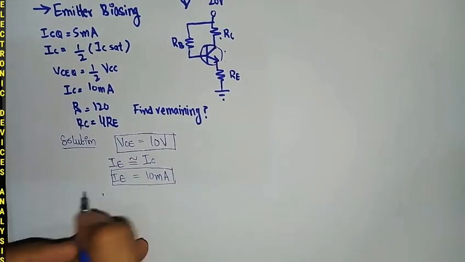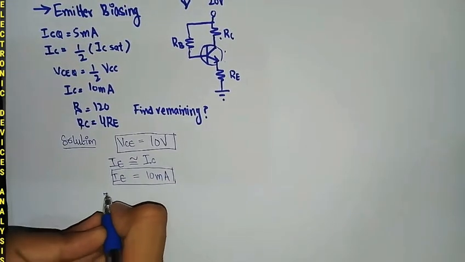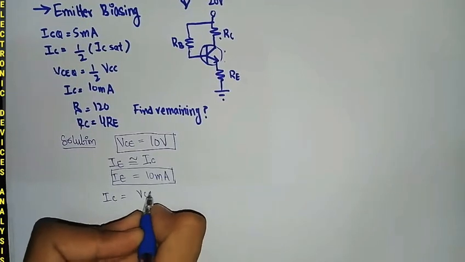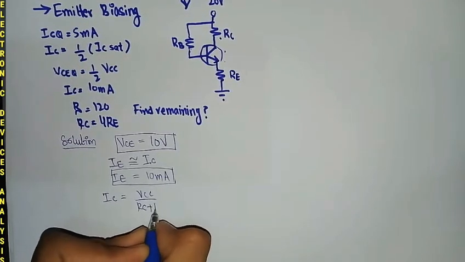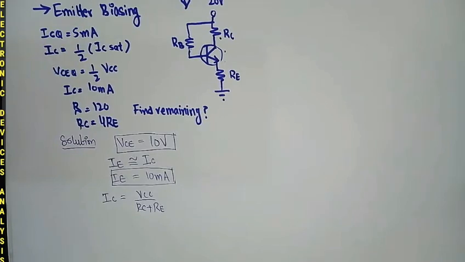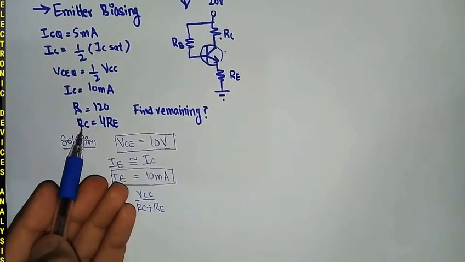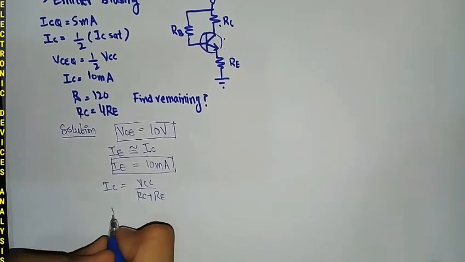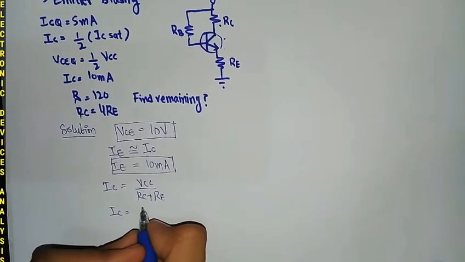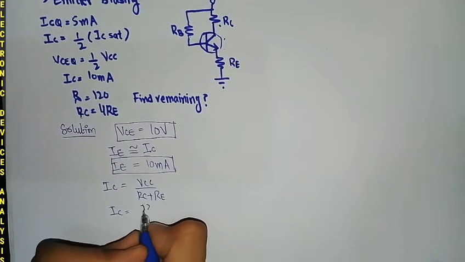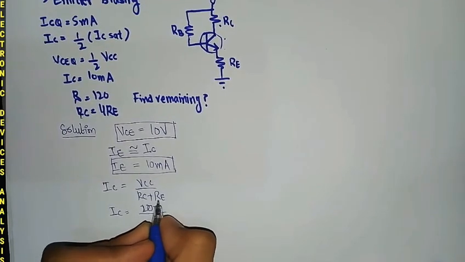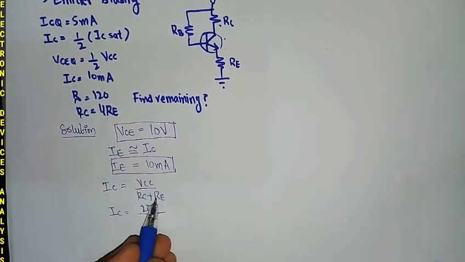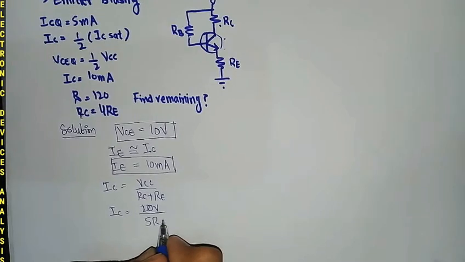The RE will be calculated from the value of IC, and IC will be equal to VCC over RC plus RE. And you know that the value of RC will be equal to 4 times RE. So what will happen over there? IC will be equal to VCC of 20 volts over RC plus RE, and 4RE plus RE is equal to 5 times RE.